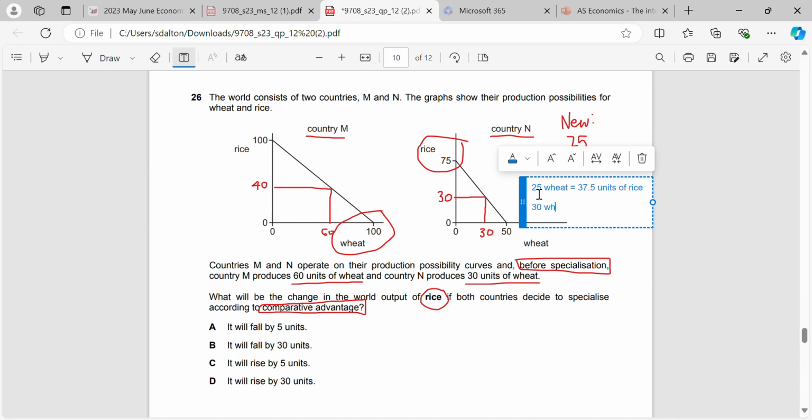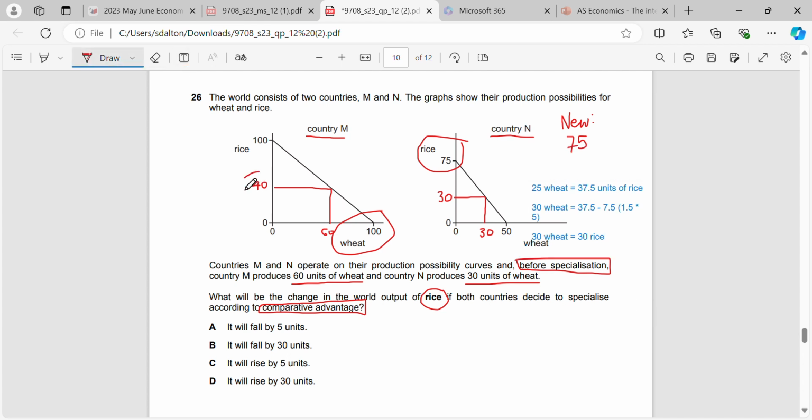So if they want to make 30 wheat, that would equal 37.5 minus 7.5, which is the 1.5 opportunity cost multiplied by those 5 extra units. Therefore, at their PPC, 30 wheat would be 30 rice. So our old output would be 40 rice and 30 rice, which is 70, and our new output is 75. So what has happened? It has risen by 5 units.